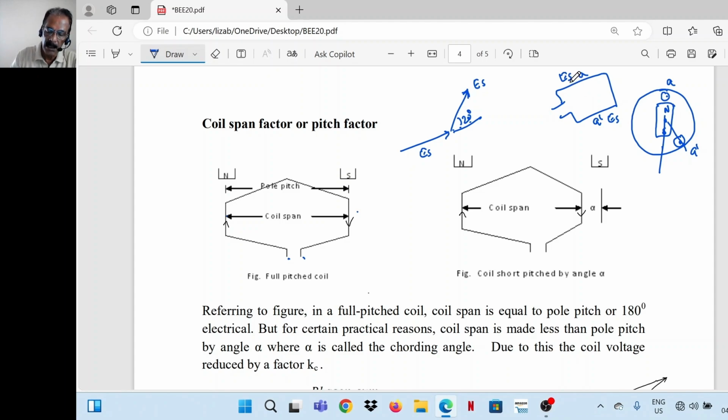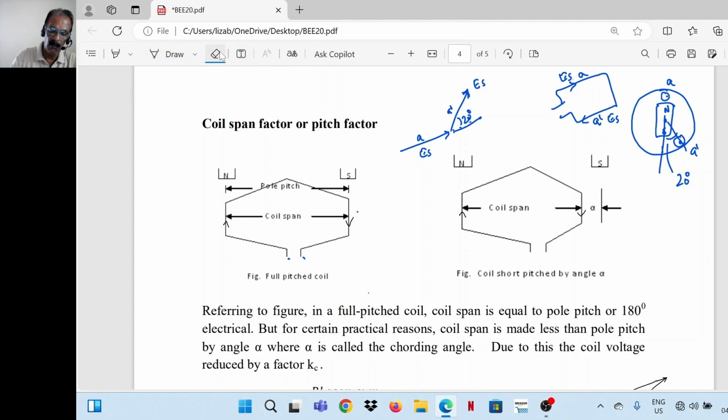Normally it is ES and ES, which can be added, that is 2 times ES. Here, because there is a 20 degree difference between these two points, the voltages also will be displaced through the same angle.